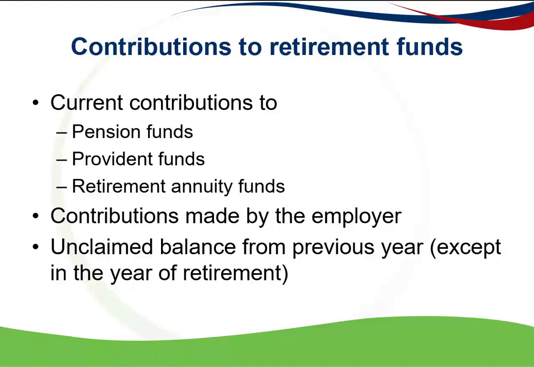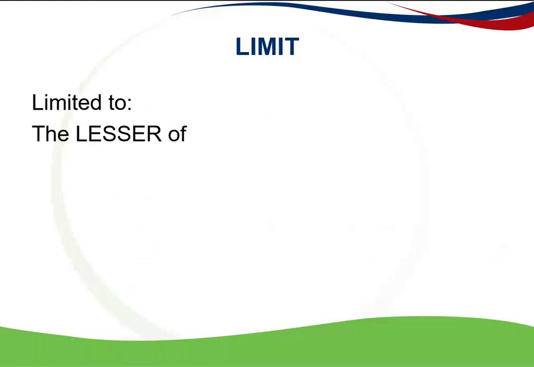And we'll get a total then of all the contributions made by the taxpayer and the employer. So the contributions that have been added up from the taxpayer's contributions, the employer, and any unclaimed balance from the previous year, that total is then limited to the lesser, so the lower, of three limitations.